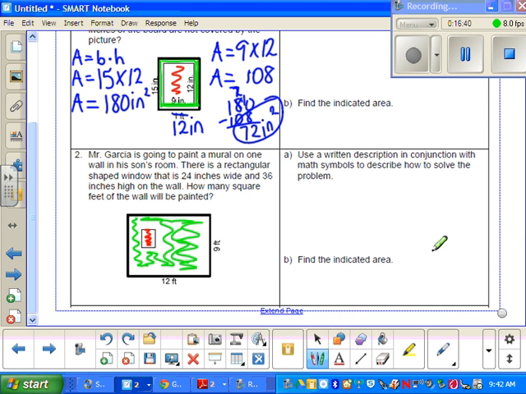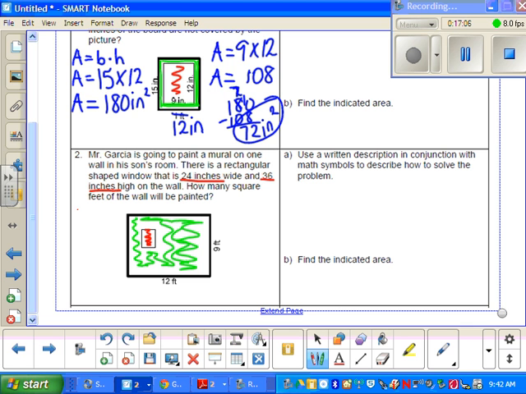First thing we need to underline in our problem is the dimensions of the window, which it says 24 inches and 36 inches. Now, if I look at my picture of my wall, it is not in inches. It is in feet. So I can see that 24 inches is very easily changed into feet because it'll be 2 feet in 24 inches.